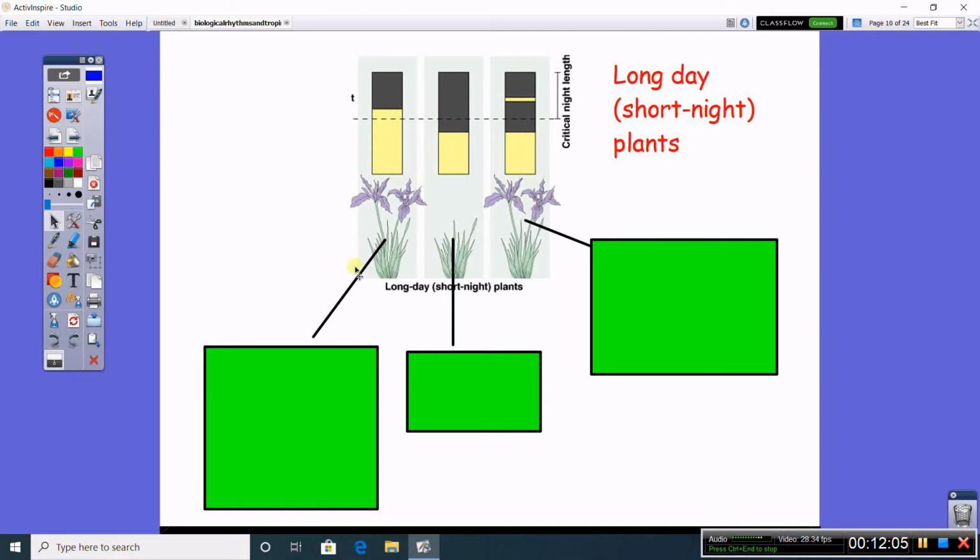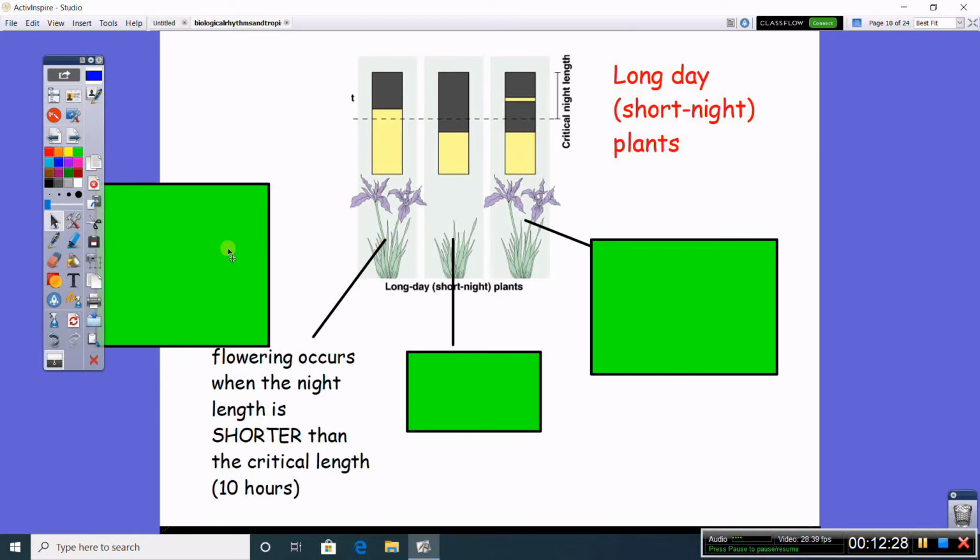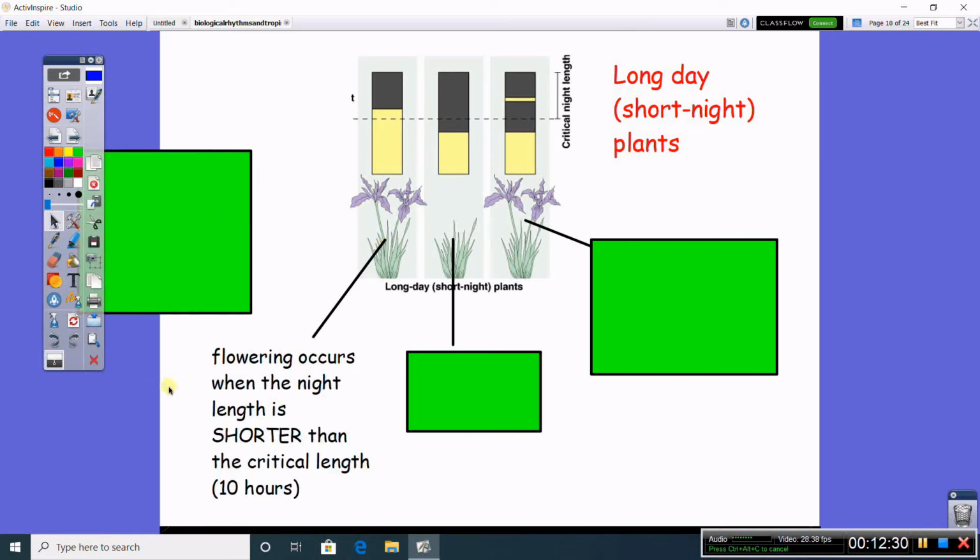Here we see flowering. Notice how this is bracketed, this is the critical night length. But how this is different is that the period of darkness has to be less than this amount. Here it is less than that amount, which is why this flowers.